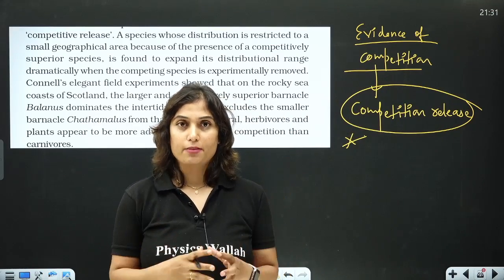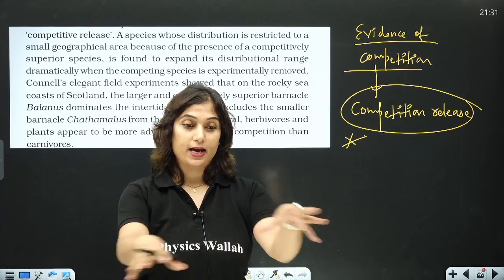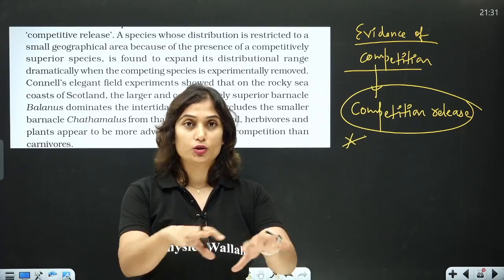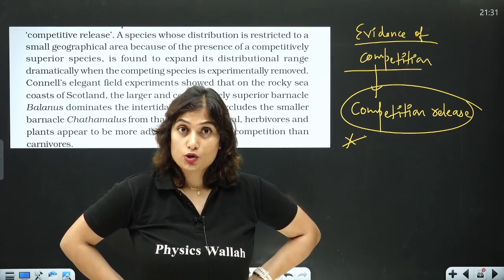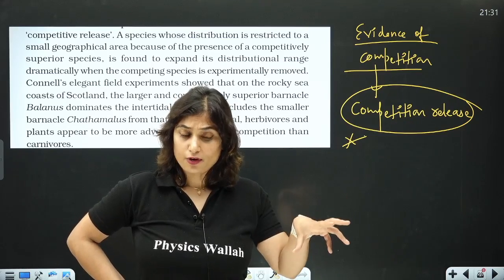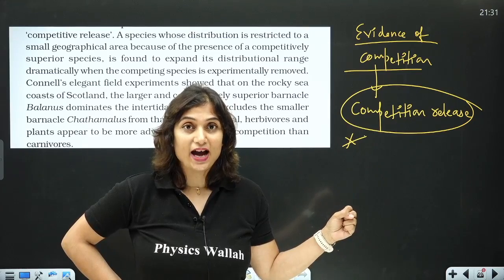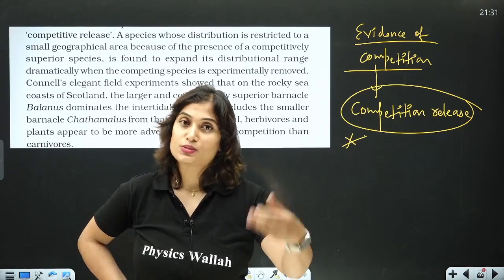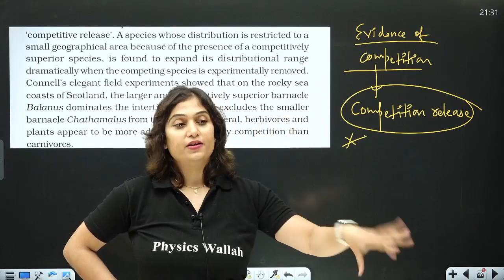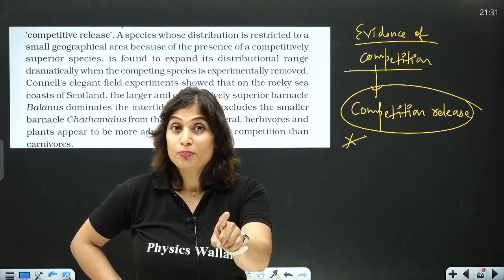Say I introduce Chthamalus and Balanus both in one area, and I want to understand the process of competition. If I remove Balanus from that area, only in that condition will Chthamalus survive. Otherwise, Chthamalus will be eliminated by Balanus. So this is the proof of competition.